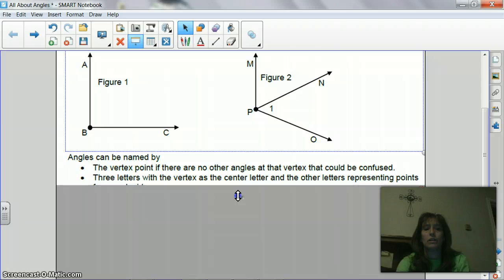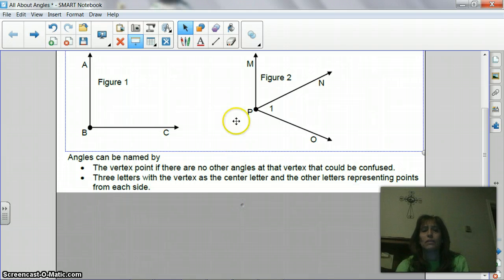Alright, if I go on, I could name it by three letters with the vertex as the center. Now that's important. You can't have an angle with the vertex in any other spot except in the center. So this top one would be angle MPN, with P being in the middle because that's where the vertex is at.